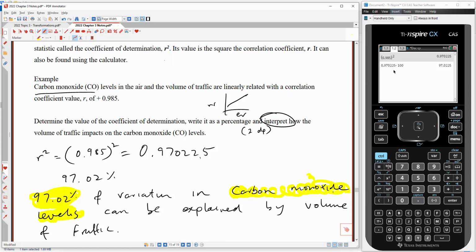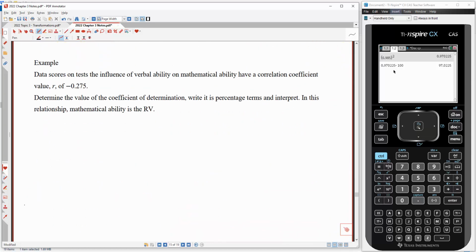And this one here is going to change to whatever the EV is. So all you do to answer these questions is you simply write your r squared percentage here, your RV here, and your EV here. Can't go wrong. All right, let's try it on another one.